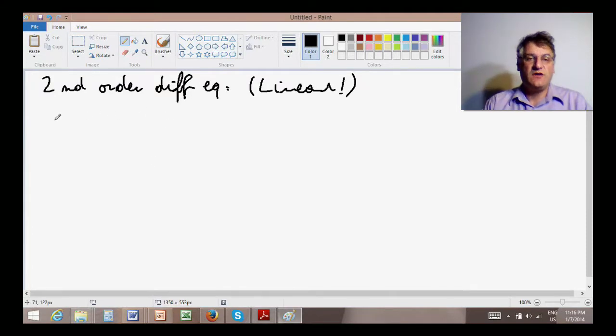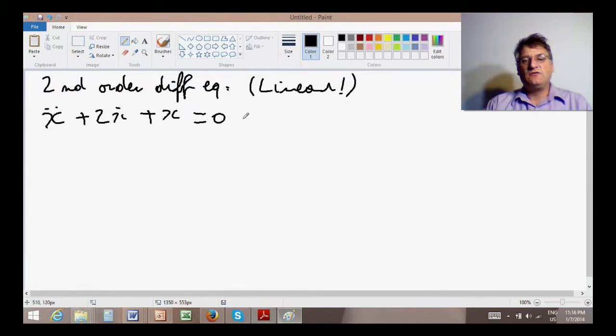That's very important. So let's look at the following: x double dot plus 2x dot plus x is equal to 0, with the initial conditions x of 0 is equal to 1, and x dot of 0 is equal to, I don't know, 3.